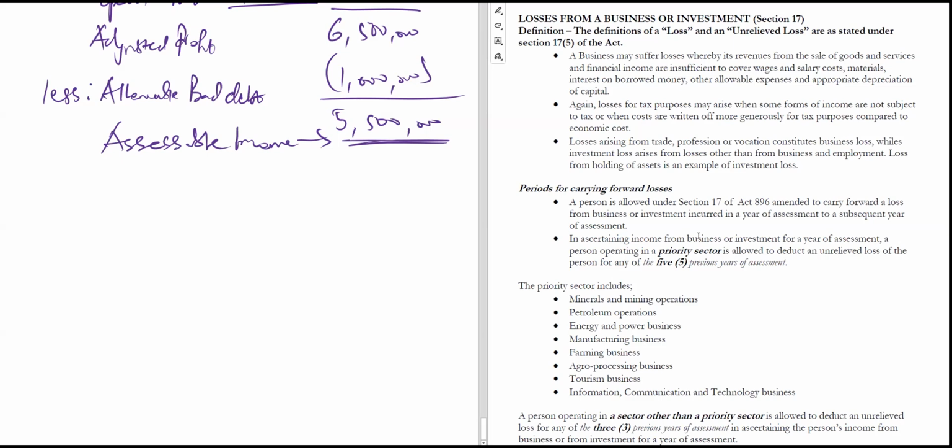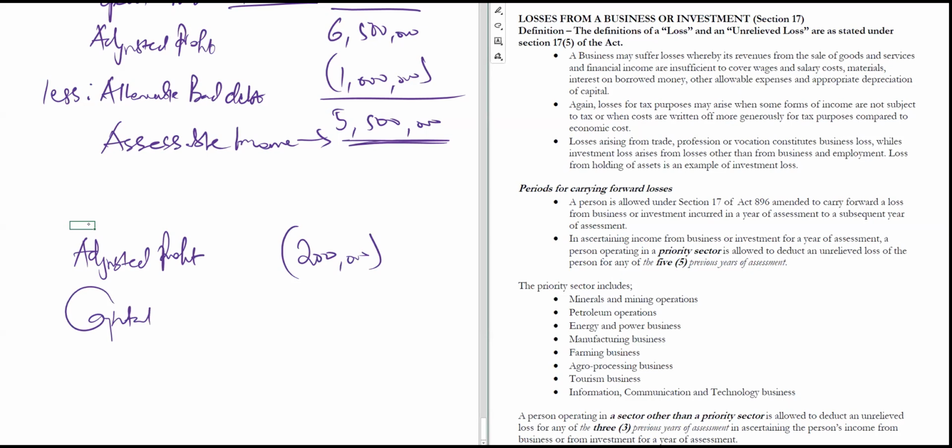Let's say my adjusted profit ended up with a 200,000 loss, and then the capital allowance deduction was 400,000. It means that the loss carried forward is going to be what?